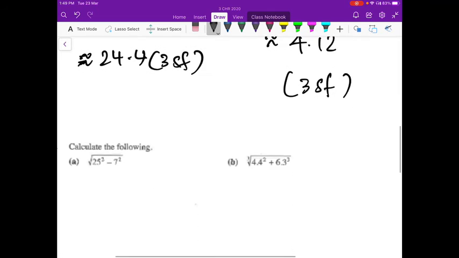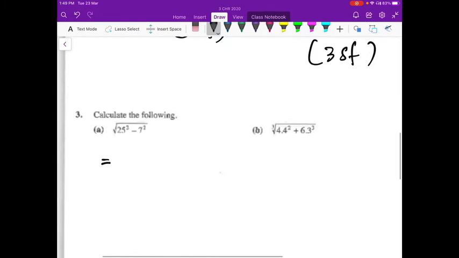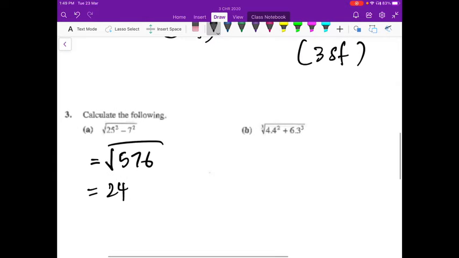Okay, next one. Calculate the following. Square root of 576, that gives us 24.